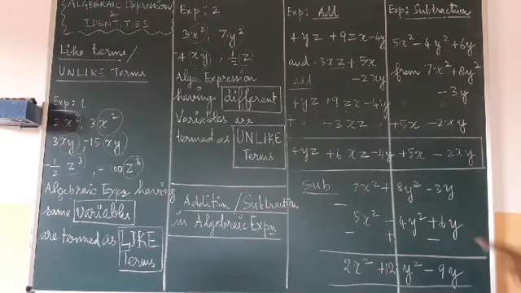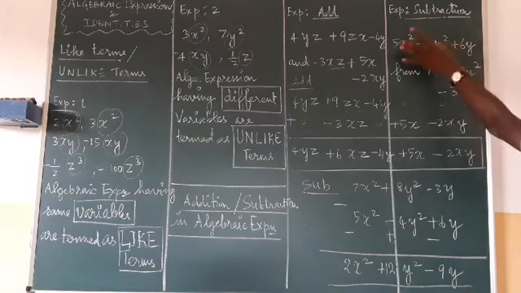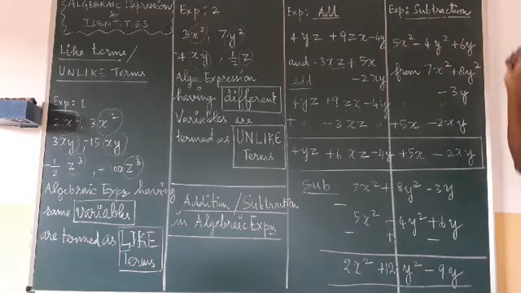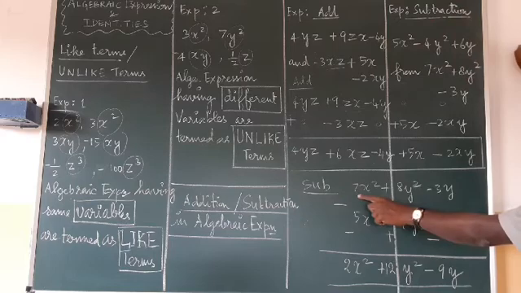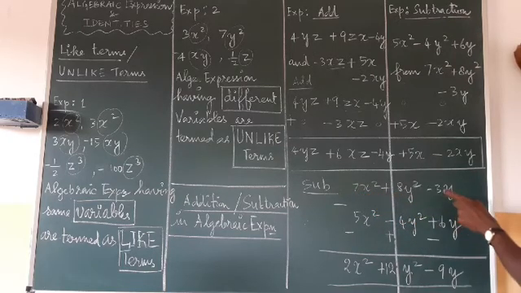And in subtraction, they are given 5x square minus 4y square plus 6y from 7x square plus 8y square minus 3y. From this one you have to subtract them. From means the second expression minus the first expression. So first I write the second expression: 7x square plus 8y square minus 3y.